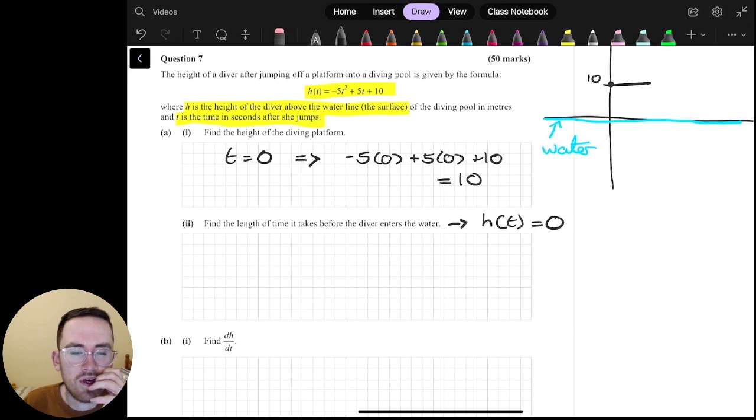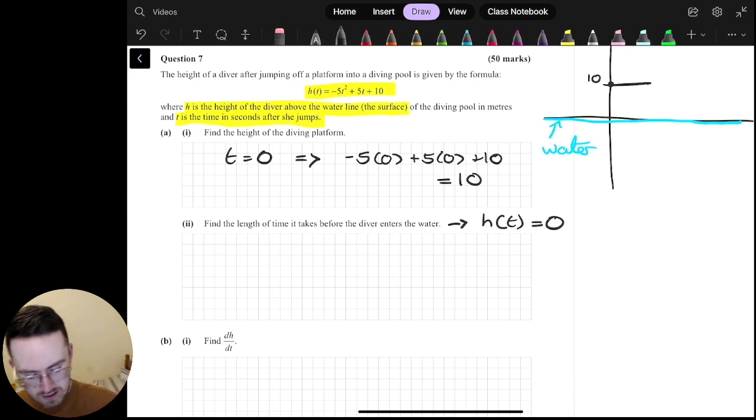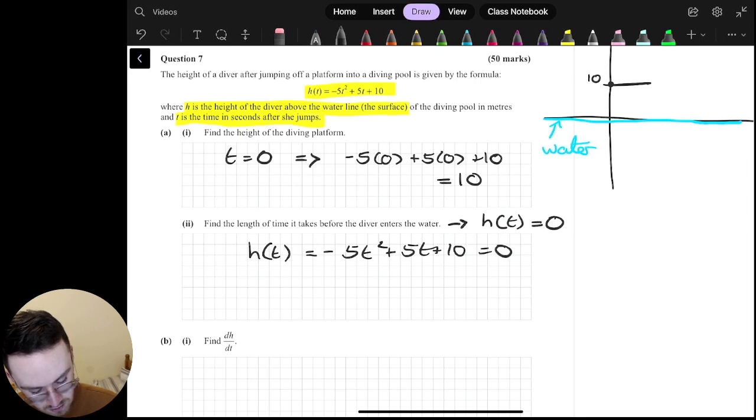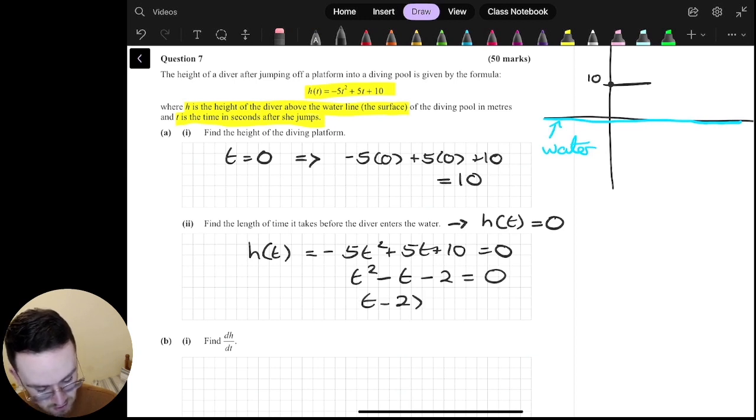So obviously she goes into the water when the height is 0. I've taken a second just to make sure for myself that I'm happy with what I'm saying. So we're going to set that equal to 0, and we're going to solve. I'm going to divide by 5, but you could sub it into your quadratic formula, that'll be fine. Whatever works for yourself.